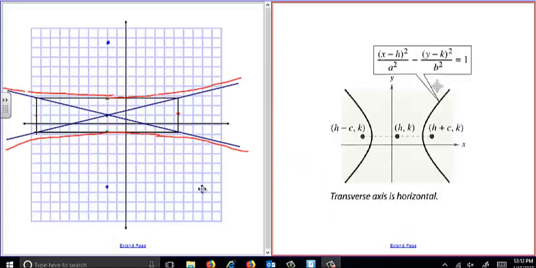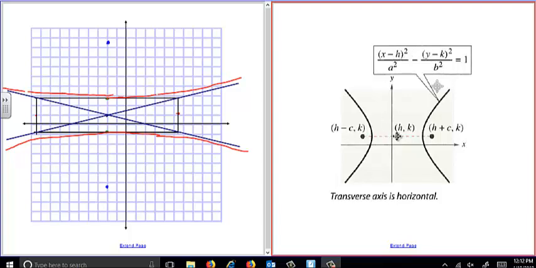Okay, so let's just review where we are. If you look at this equation over here, x minus h squared over a squared minus the quantity y minus k squared over b squared equals 1. Because x squared is positive, we have a horizontal transverse axis. The center is associated with h and k.